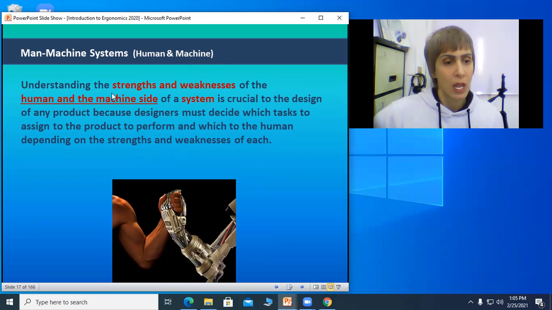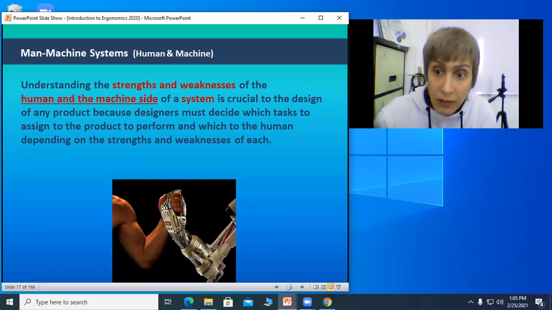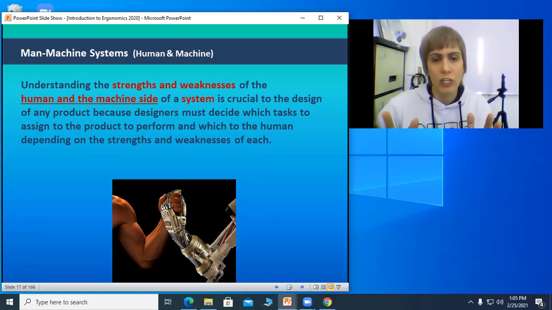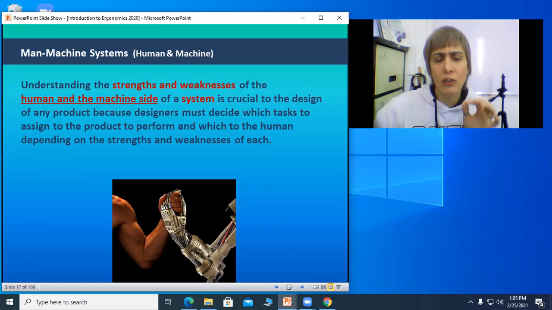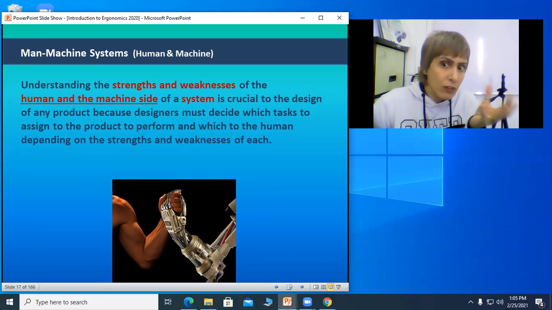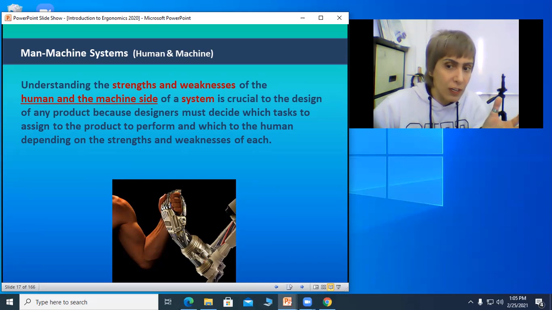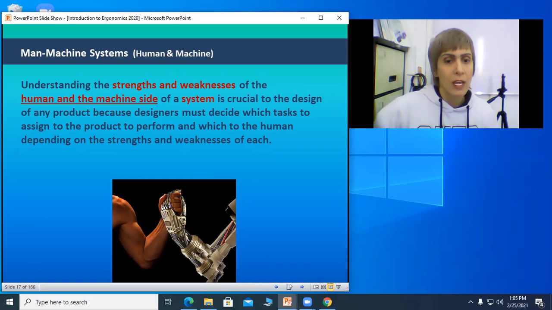So understanding what strengths and weaknesses the human side and the machine side of the system have is crucial. It's very important, okay, to the design of any product. It's very important to decide what are the weaknesses and what are the strength areas of each of the sides.